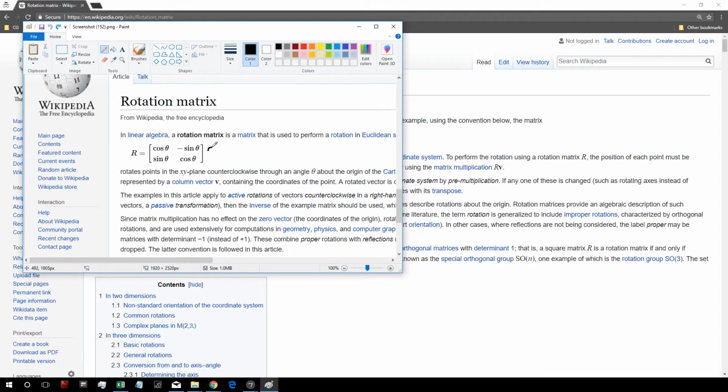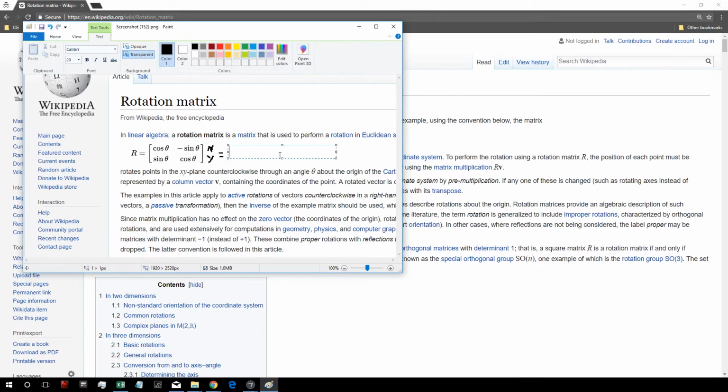If we multiply this matrix by this vector x, y, we get something out of this matrix that is also a two-dimensional vector, which will basically be the cosine of the angle A multiplied by x, plus minus sine of A multiplied by y. And this will be our new x.